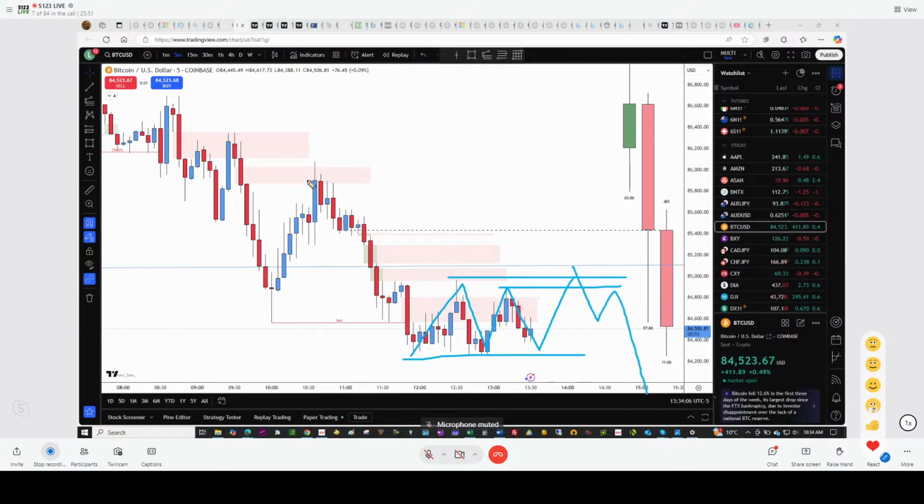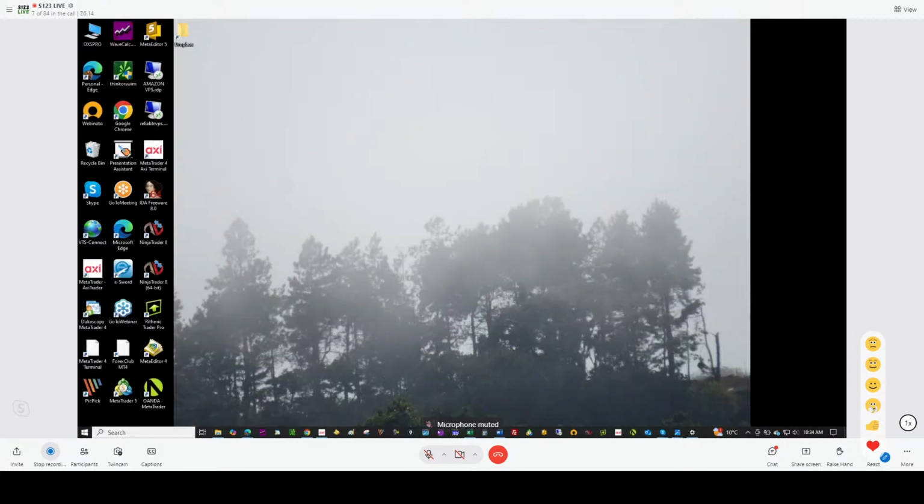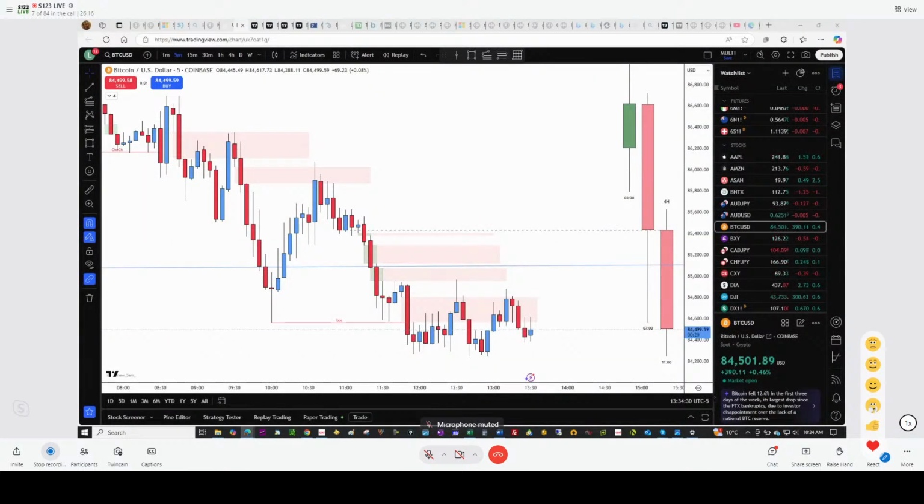So a little patience here because we are in a fourth wave. If you're wanting to trade that, you have to be a little patient, like I said.